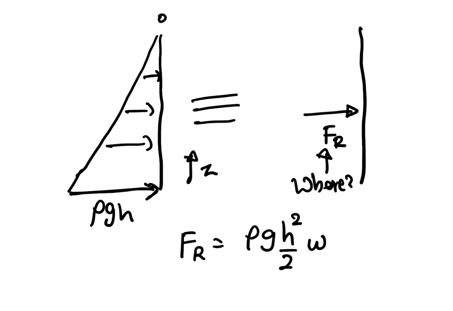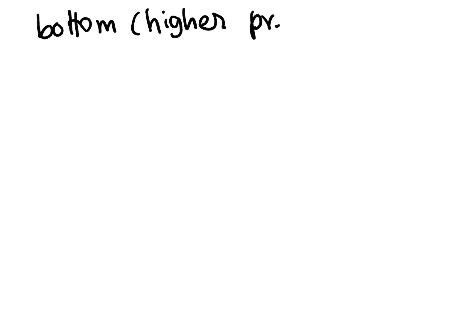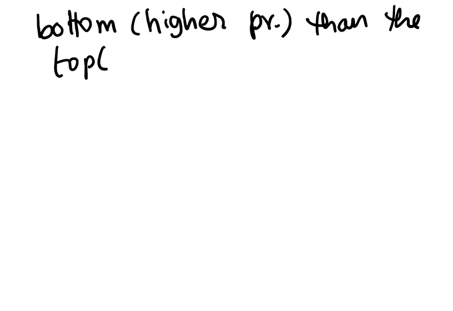The larger pressure is near the bottom, the smaller pressures are near the top, which means the resultant must be closer to the bottom, which is the region of higher pressure, than the top, which is the region of lower pressure.